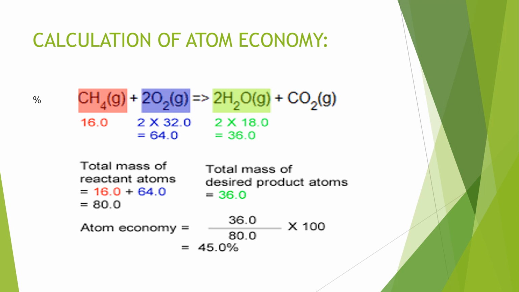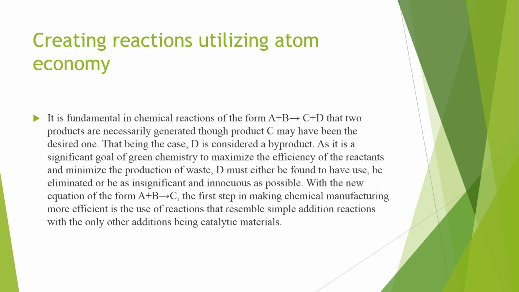Okay, and the next one, creating reactions utilizing atom economy. Suppose that in a chemical reaction A plus B gives C plus D, two products are necessarily generated, and product C may be the desired one. That being the case, D is considered a byproduct, as it is a significant goal of green chemistry to maximize the efficiency of the reactants.